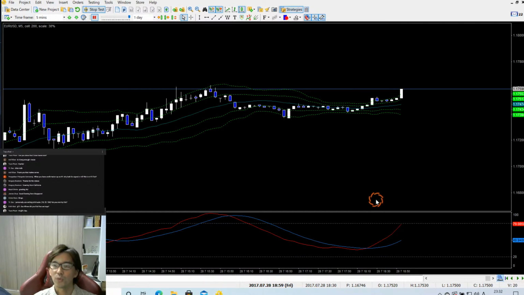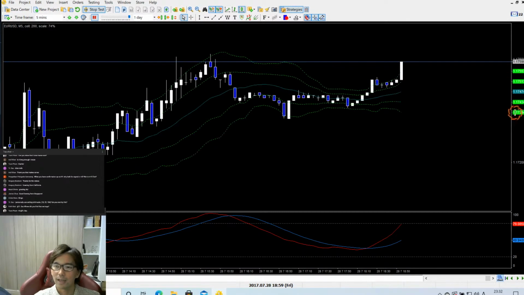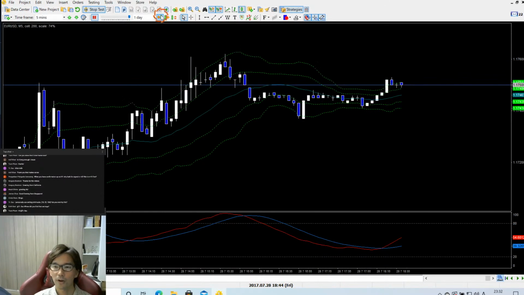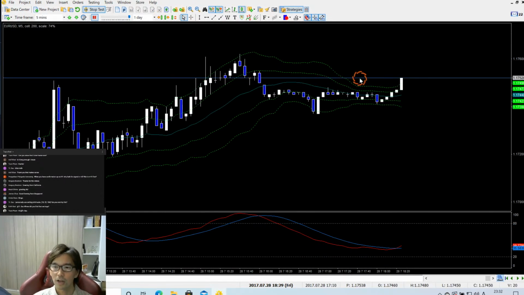Okay, so let's try to look for 3 confirmations to enter. Now there is Bollinger Band walking, which is one of the confirmations. Also, if we look at the market over here, a couple of candles before, we see 3 confirmations.